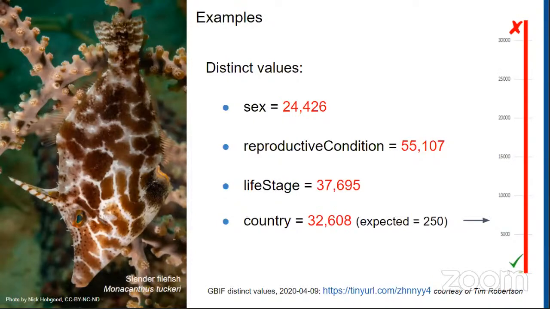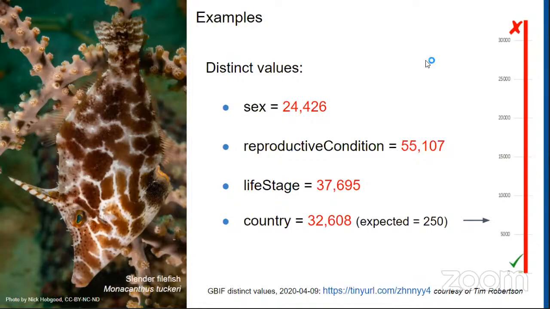For other fields like reproductive condition, we also see very high numbers, more than 55,000. We also have a lot for life stage, and we even have many values for country.